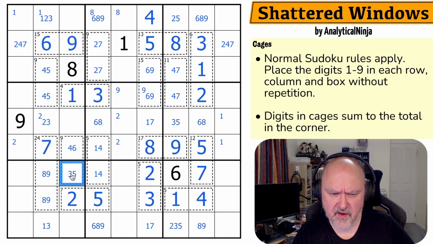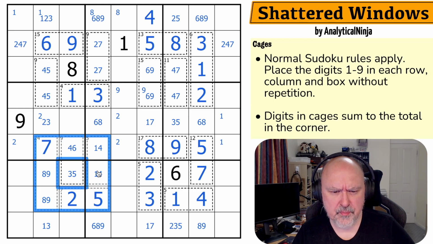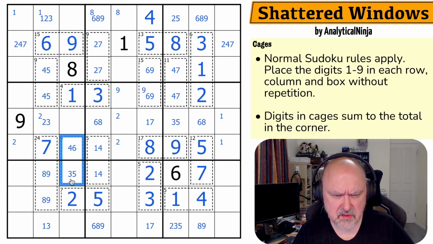If this was 4, 5, this would be 4, 1, and I'm not sure what the problem would be. If this is a Windoku, I've got a lot of options, but that is not seeming to be forced.